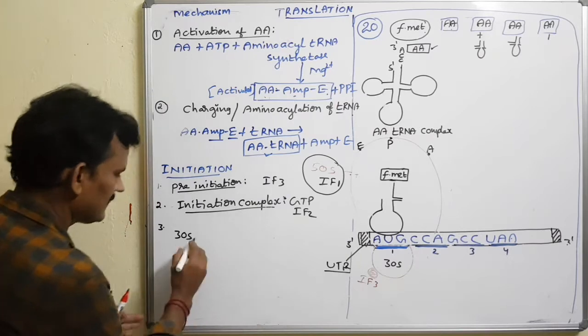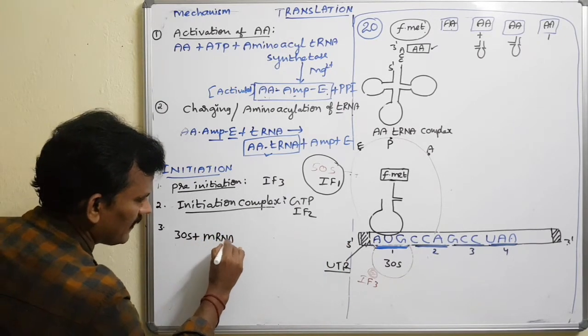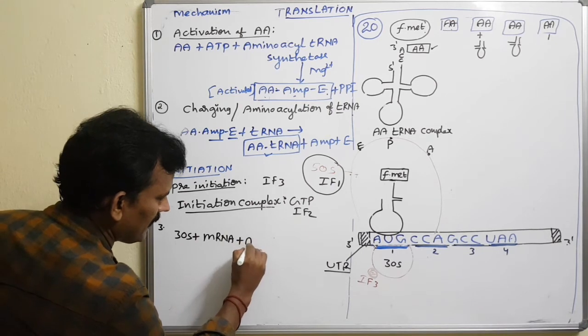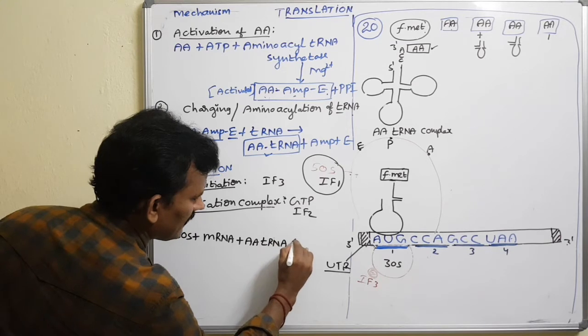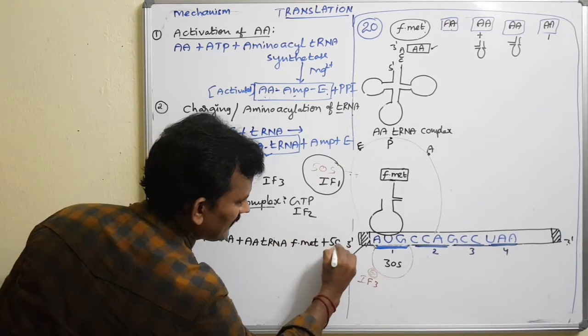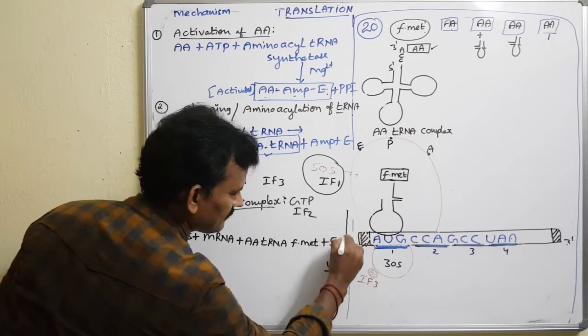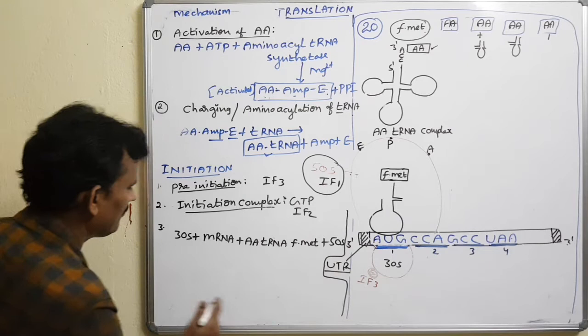So how do we write this? The 30S subunit associated with the mRNA plus aminoacyl tRNA, fMet, plus the 50S ribosome subunit. So it makes the complete structure.